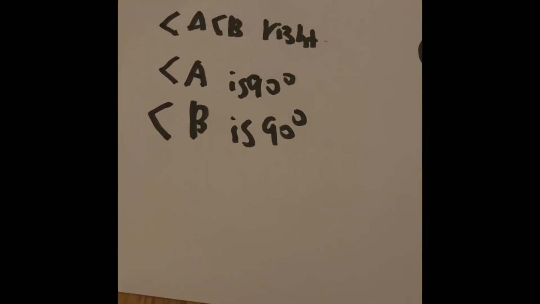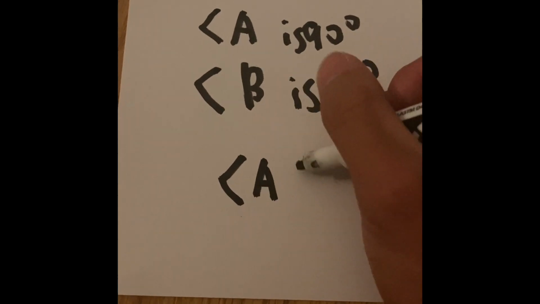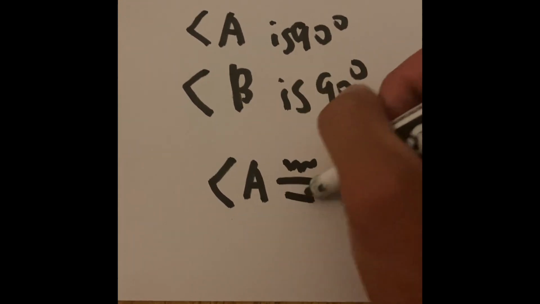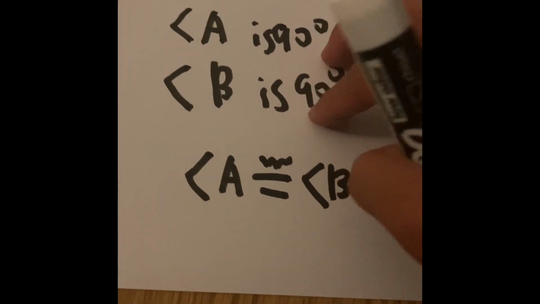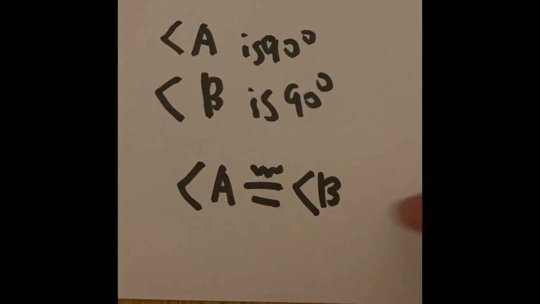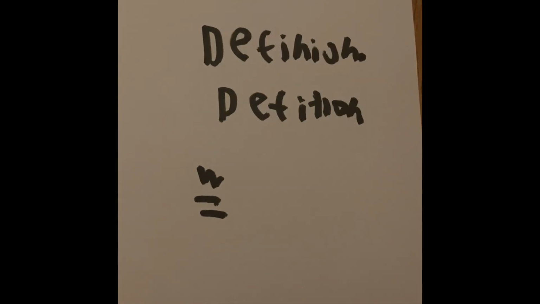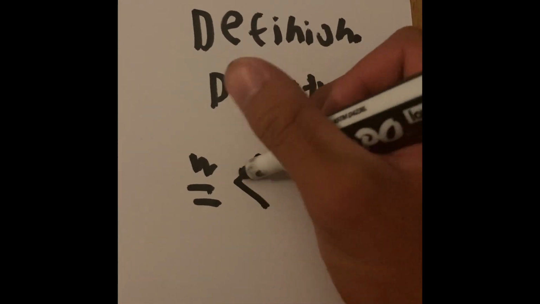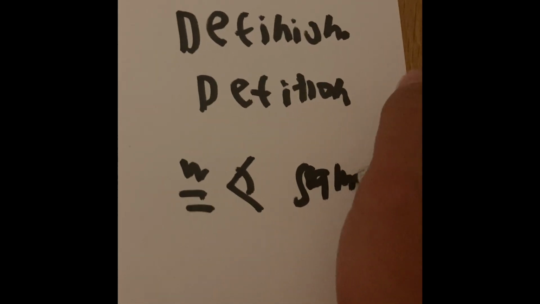So when we understand that A and B are both 90 degrees, then if 90 equals 90, now we can get to our end phase. We can now say that angle A is going to be congruent with angle B, because we realize that these can be congruent. And that is going to mean, with congruency, the angles have the same measurement.